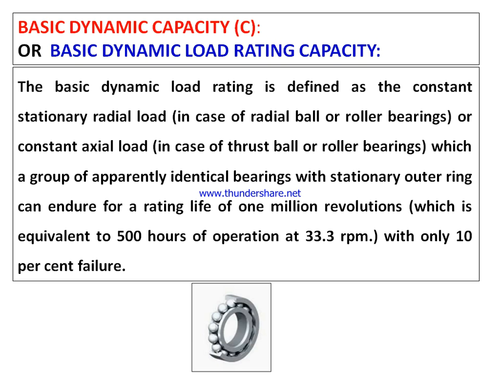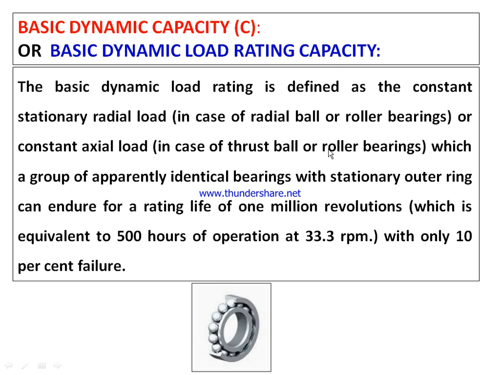So if a bearing with its outer ring stationary is capable of operating successfully up to 1 million revolutions, that capacity is called the basic dynamic load rating.